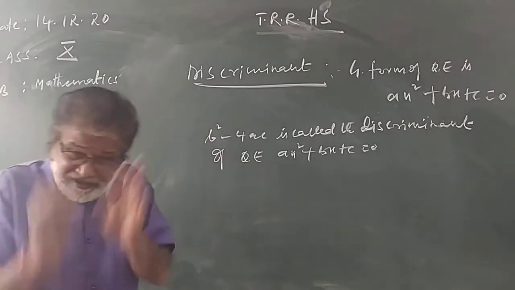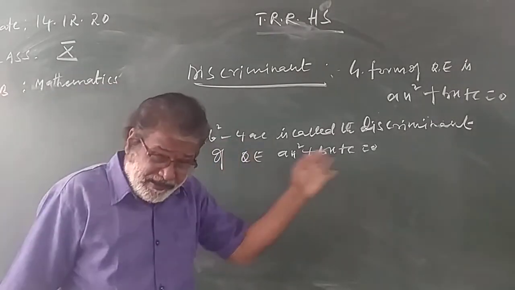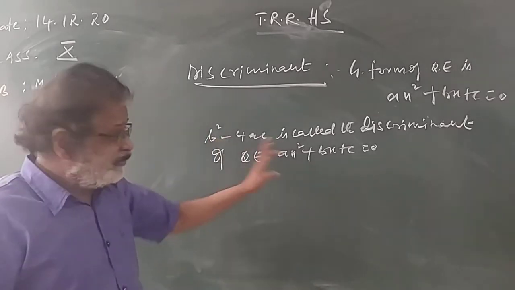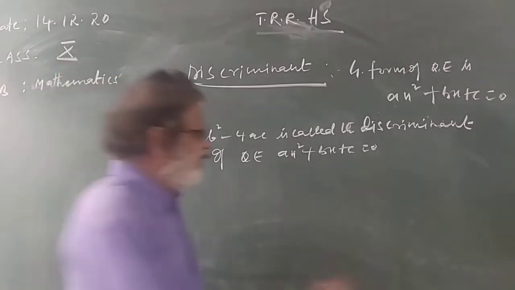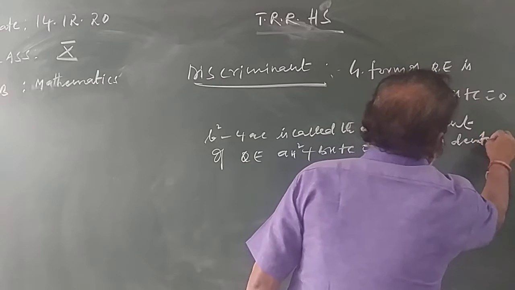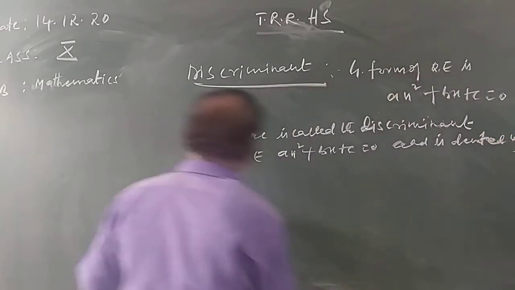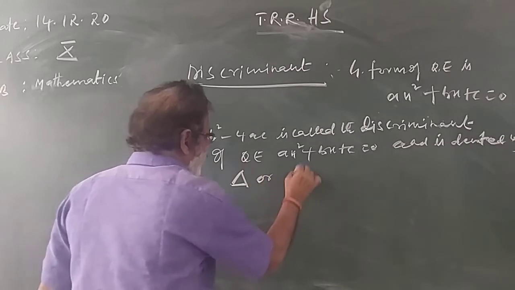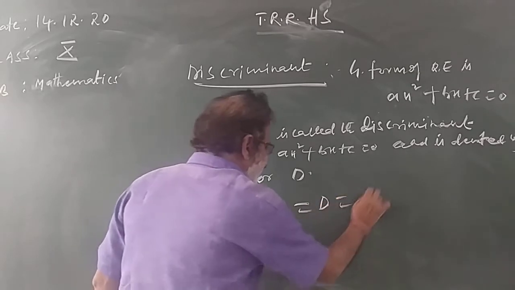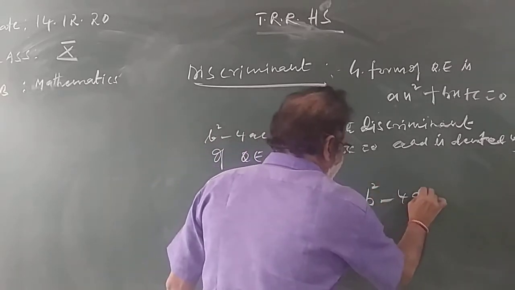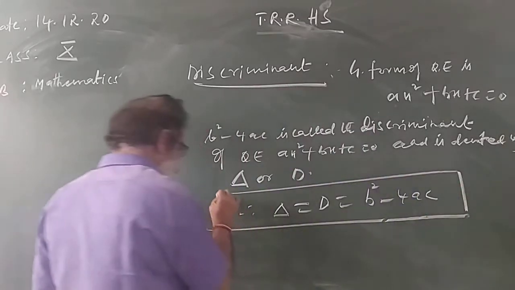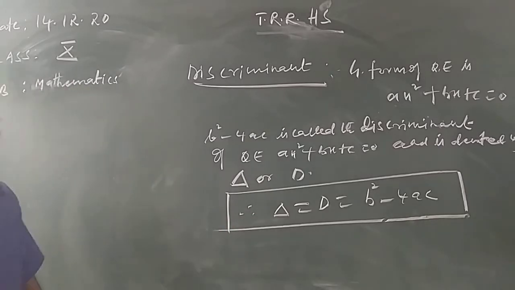So when the quadratic equation is given, we can find the discriminant. b square minus 4ac is called the discriminant of the quadratic equation and is denoted by delta or D. Therefore, delta or D is equal to b square minus 4ac.